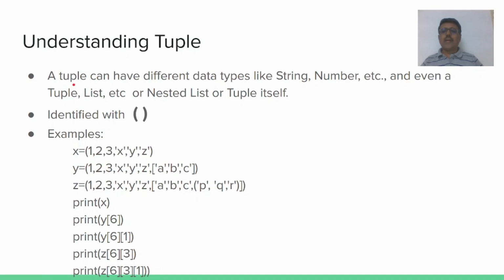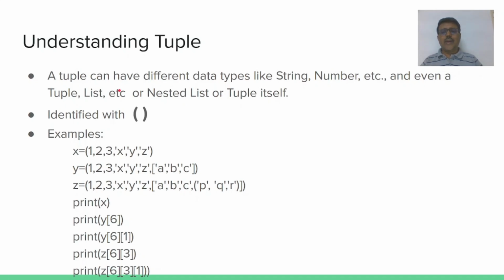You can see here, a tuple can have different data types like string, number, etc. It can even have a tuple or a list inside it, or even a nested list or tuple itself, whatever we have seen in the case of list. Whatever a list can have, a tuple also can have. That's what it means.